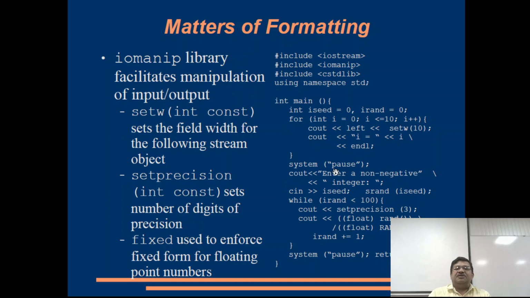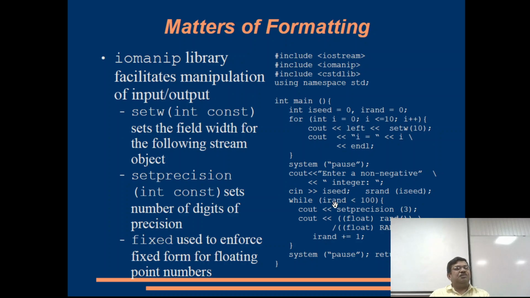And then you set the precision as 3, so you would have 0.123. And this is the condition IRAN plus equal 1, so this is increment, right? So this is the index, and I must be using a condition somewhere, yes, while.